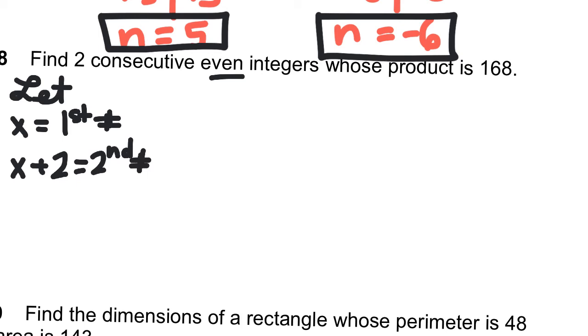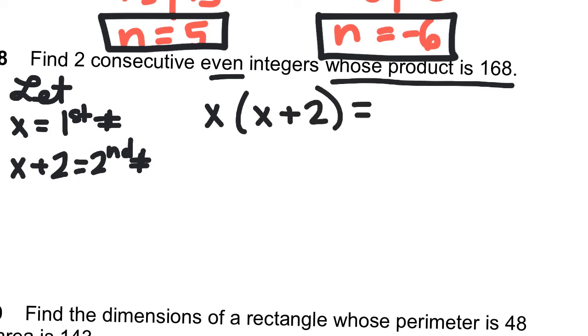Now it says find two consecutive even integers whose product is 168. That means that we are multiplying. We're multiplying x times x plus 2, and their product is 168. Now this is what we've been doing.